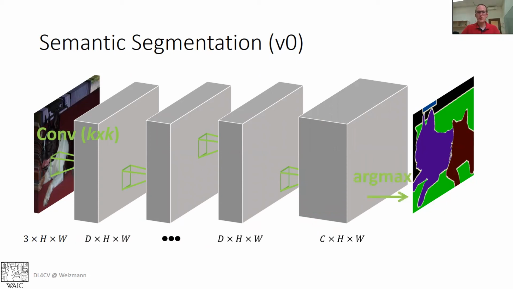We're going to take argmax, and this is going to produce this nice label map. Note that it's very crucial that we have no pooling and no strides in between these layers, because we want to preserve the resolution of the input image. We want the prediction to be of the same size as the input.